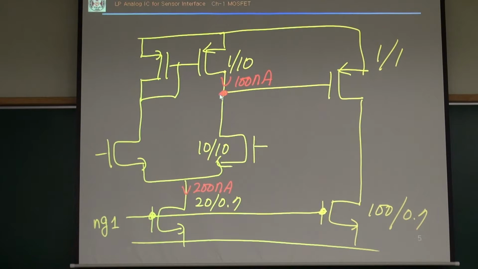Because I want symmetry, and this is 10 times, this current is 1 microamp. How about here? 5 times, so 1 microamp. It's okay then, so I don't have an offset problem. 100 nanoamps here too.